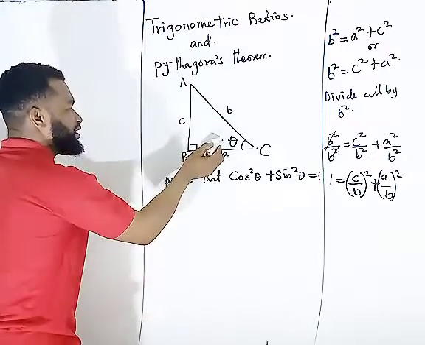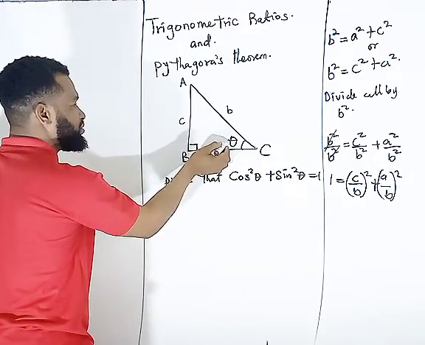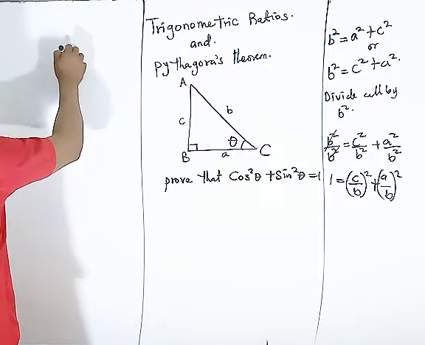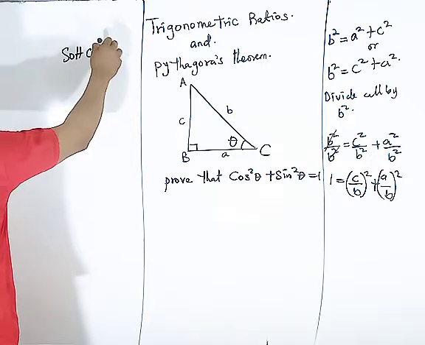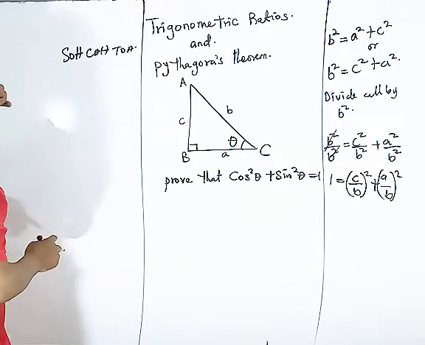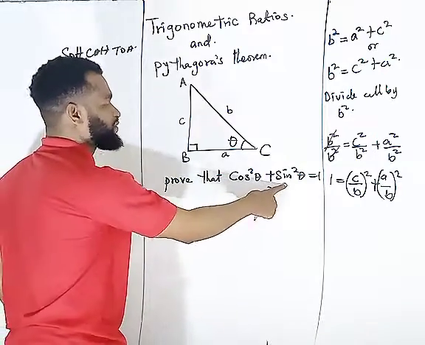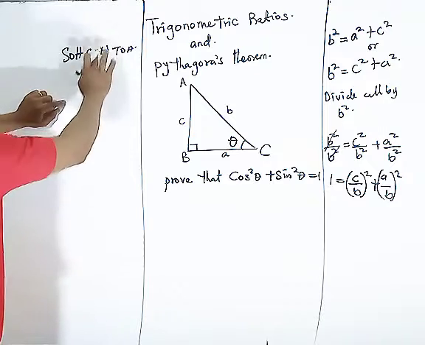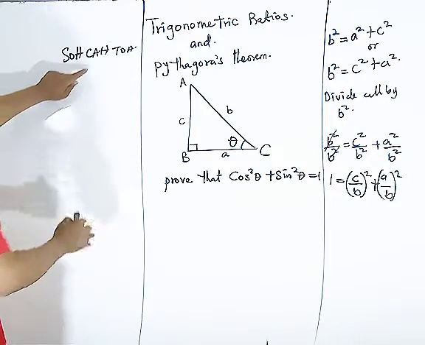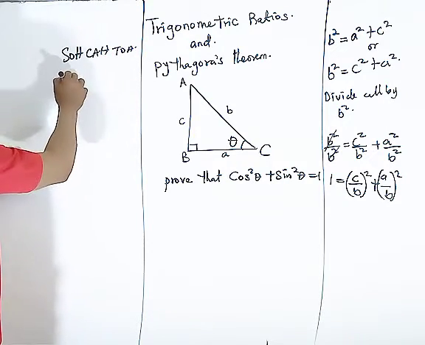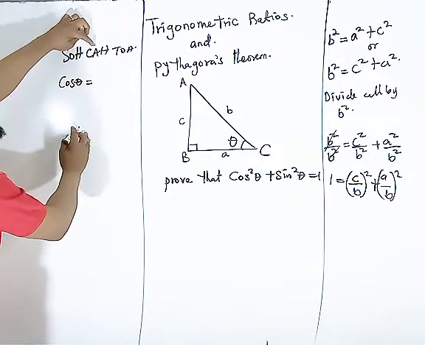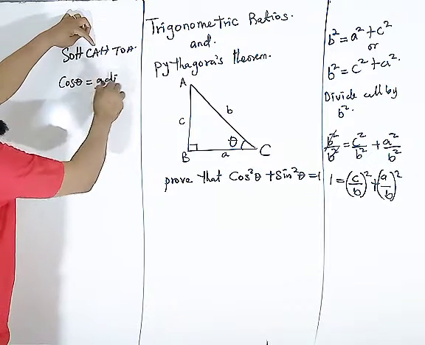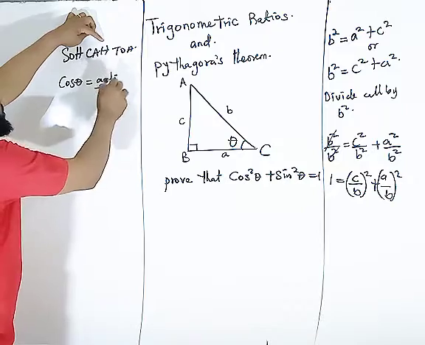Trigonometric ratio says that the sine of this angle, we are going to use SOHCAHTOA. Now remember, I have cos and I have sine. I'm doing cosine first. Cos means adjacent over hypotenuse. So cos theta is equal to A for adjacent and H for hypotenuse.